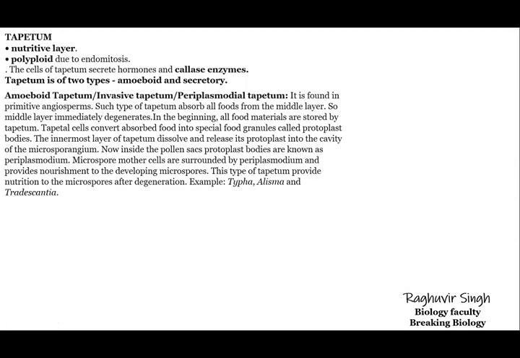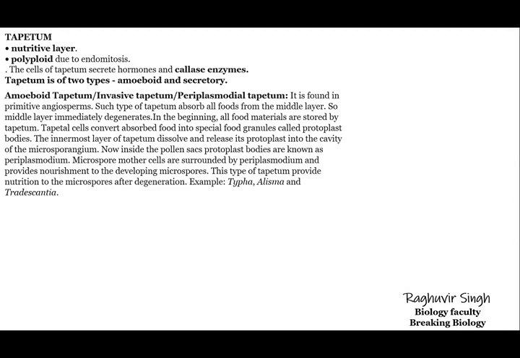Now coming to the amoeboid tapetum. This type of tapetum layer is normally found in the primitive angiosperms and not in advanced angiosperms like Typha, Alisma, Tradescantia, etc. This tapetum layer absorbs food from the middle layers, so the middle layer immediately degenerates because the whole amount of food is absorbed from it. In the beginning, the tapetum cells store food materials. Then the tapetum cells convert the absorbed food into certain bodies called protoplast bodies.